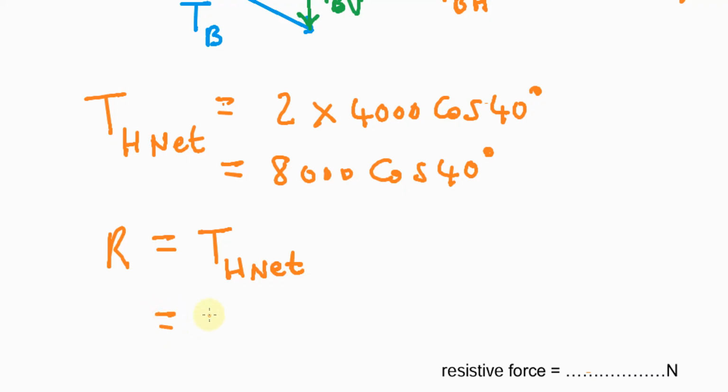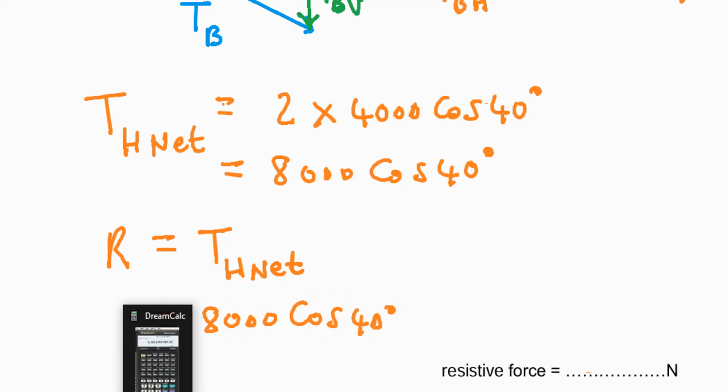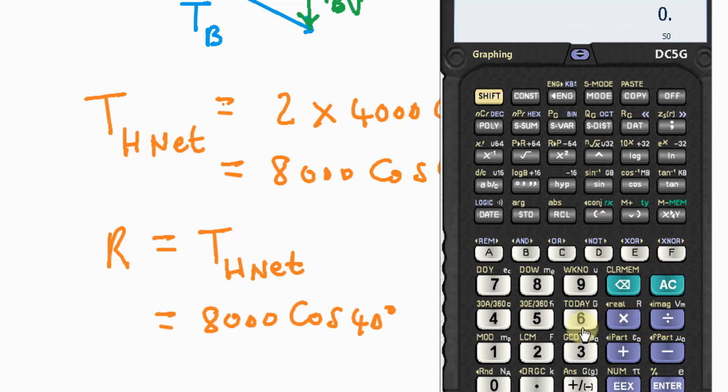And we know this is 8,000 cos 40. And we can do this on a calculator. And we get an answer of 6,128.35.